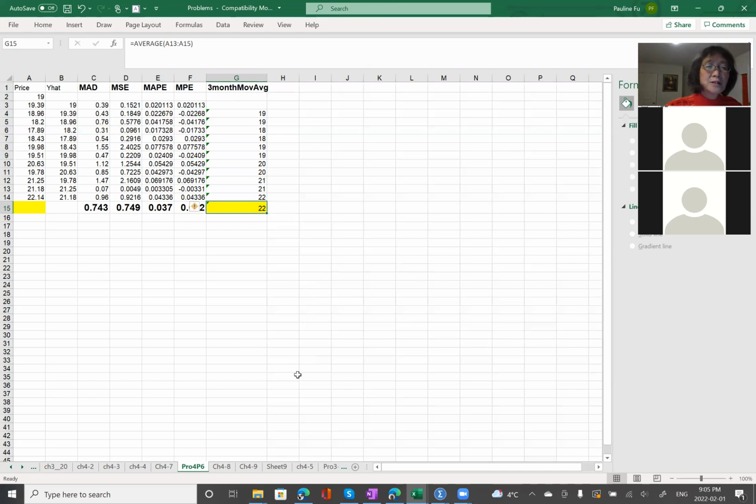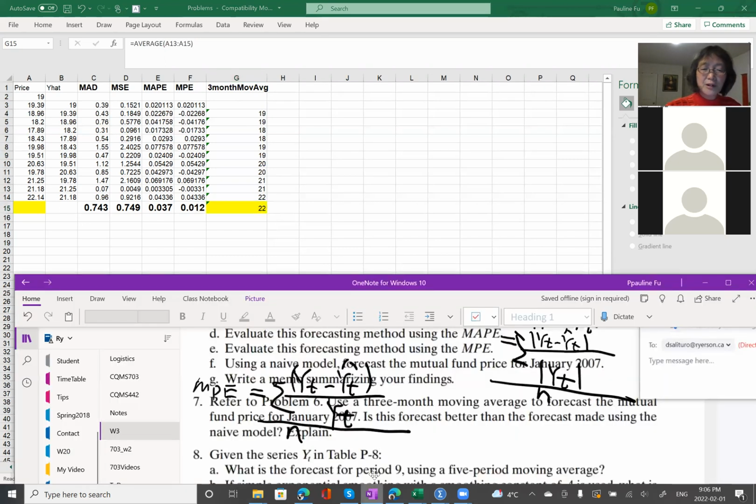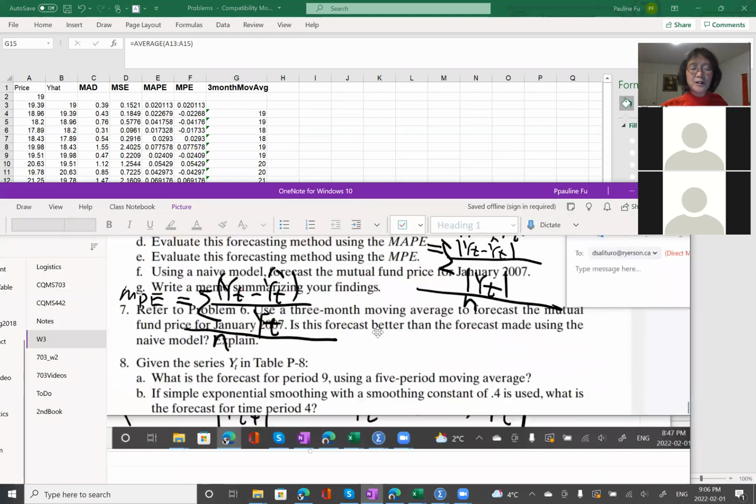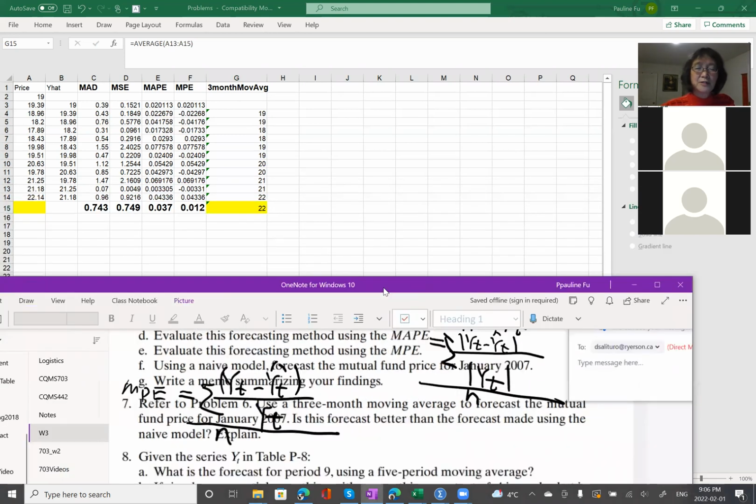And then, what is the second question? The second question asks you, is this 3 months moving average better than using the naive model? Better or worse? To answer that question, how do you know which forecast is better?